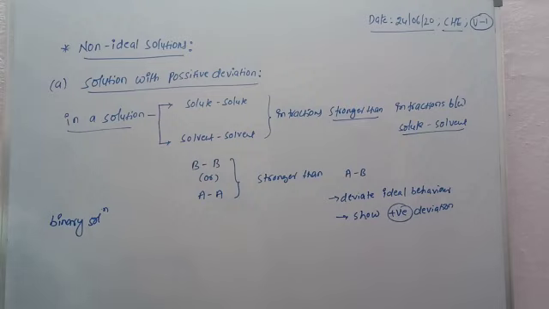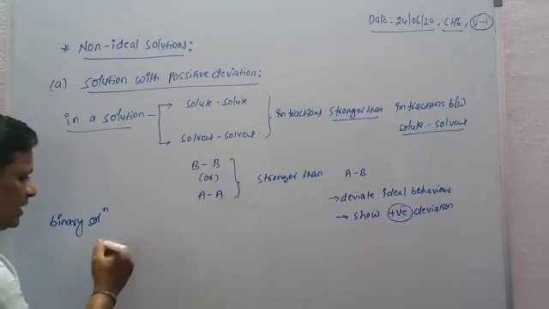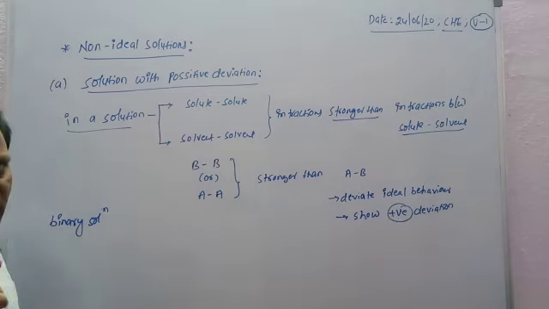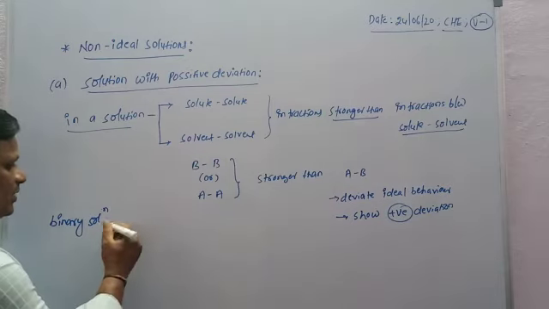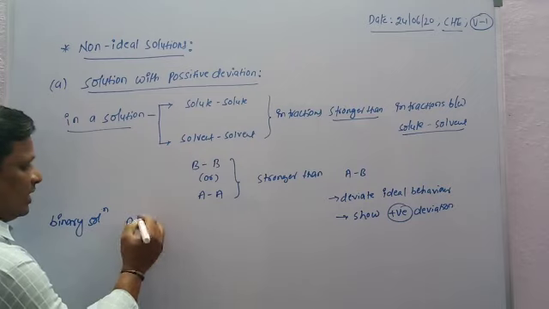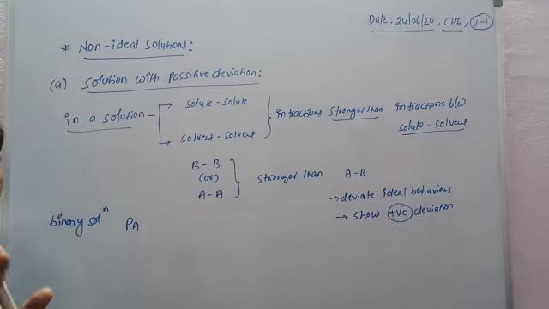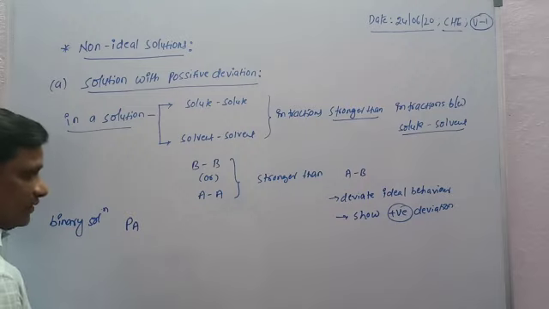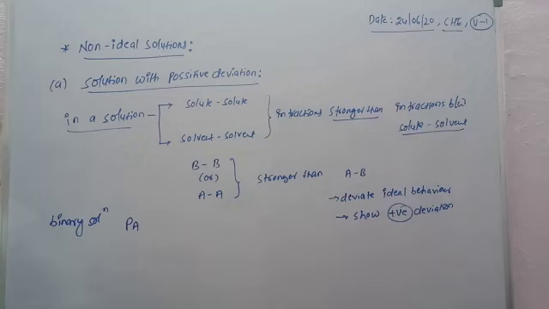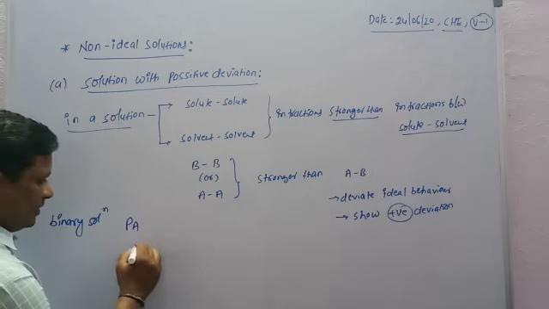In a binary solution, PA is the partial vapor pressure of the solvent, and PB is the partial vapor pressure of the solute.